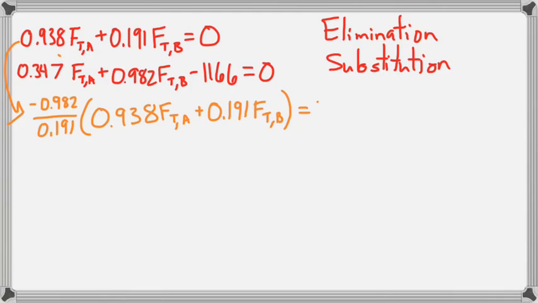So to be fair, I would end up with 0.982 negative divided by 0.191 times 0. Okay? Well, what's that entire thing going to be on the right-hand side? It's a number times 0, and any number times 0 just gives me 0 in return. 0. Okay.